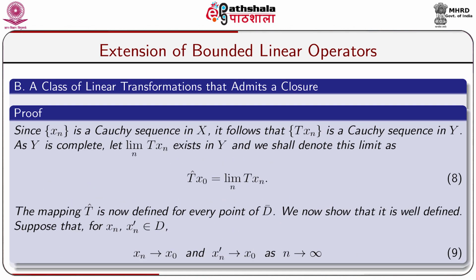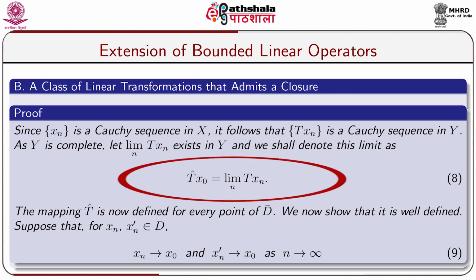Since the sequence xn is a Cauchy sequence in X, it follows that Txn is a Cauchy sequence in Y. As Y is complete, the limit of Txn exists in Y, and we shall denote this limit as T hat x0 equal to limit Txn.